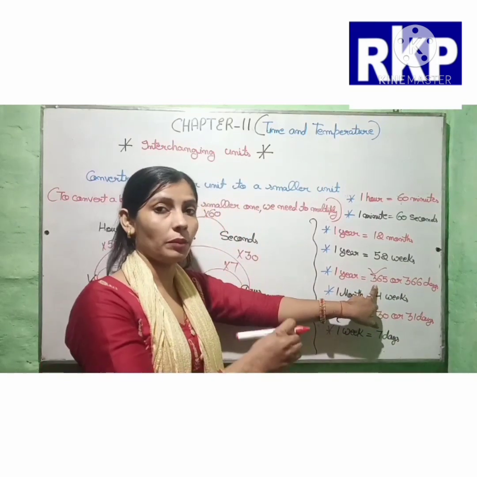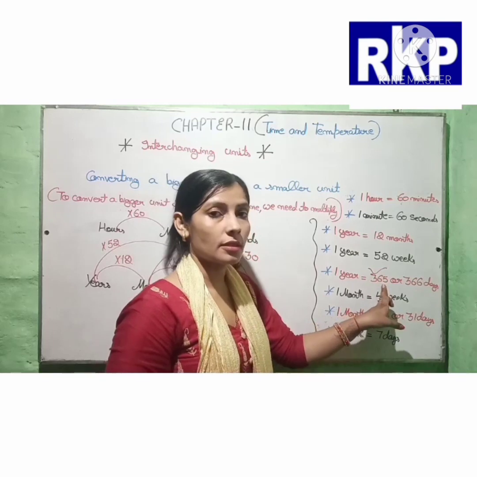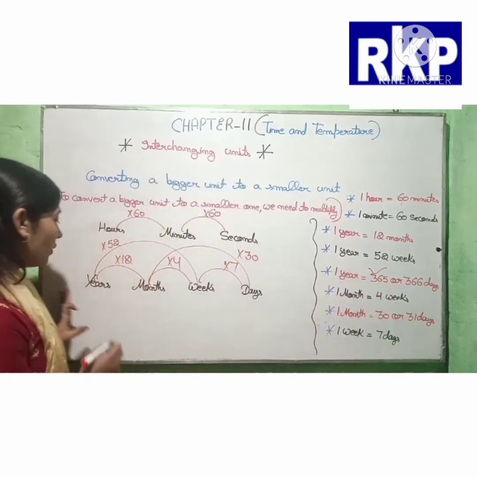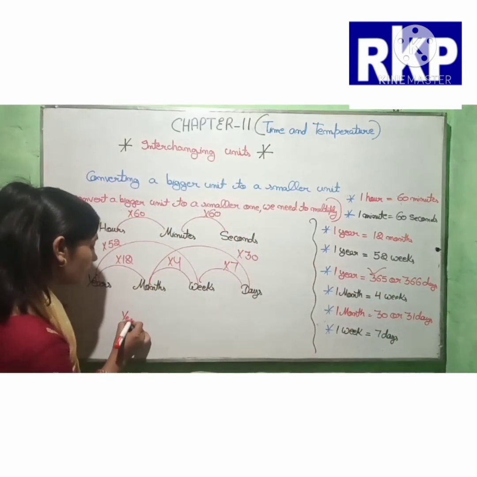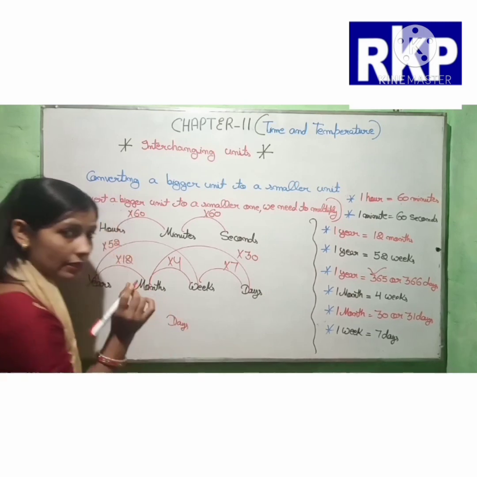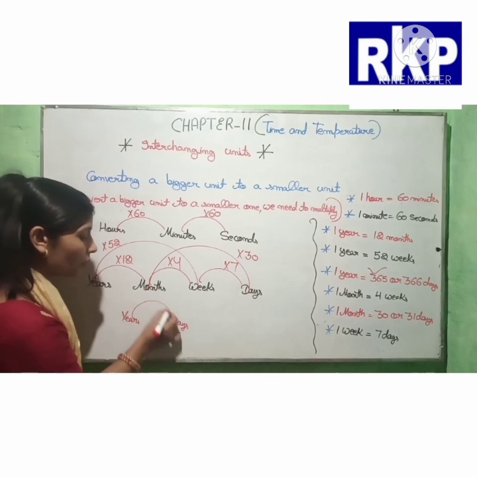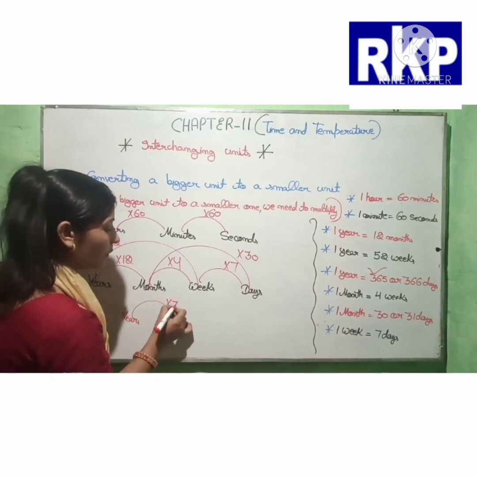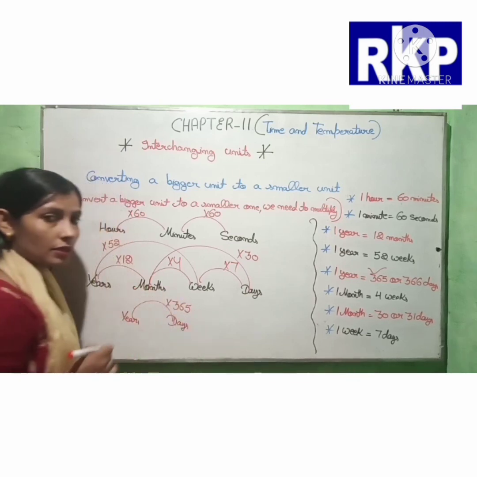We need to multiply with 365. So when we convert year into days, then we need to multiply with 365.